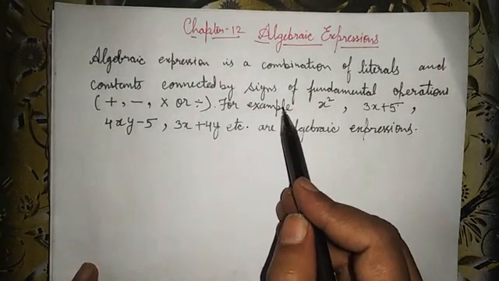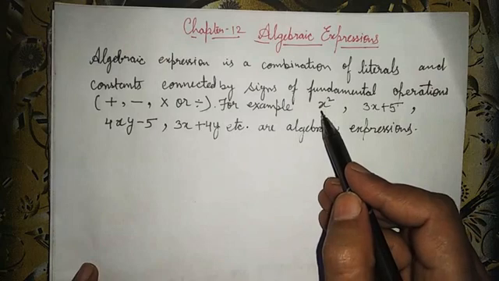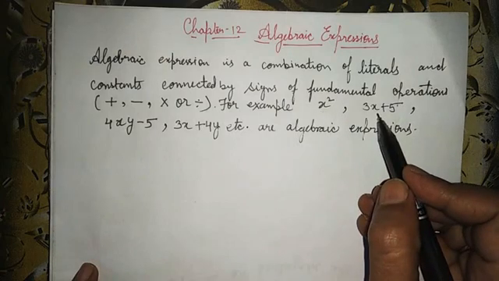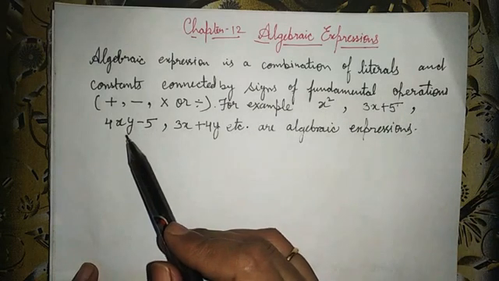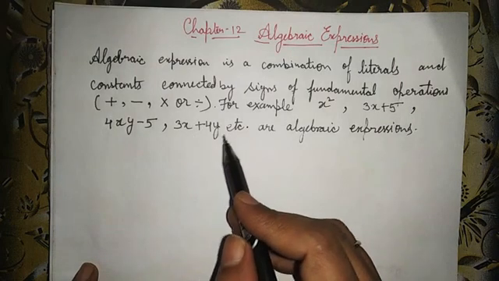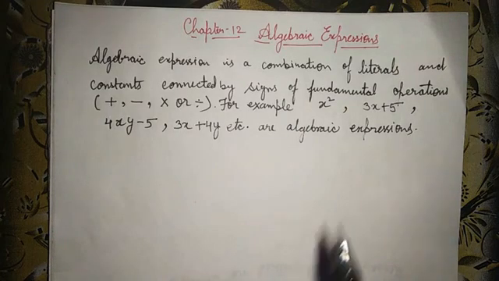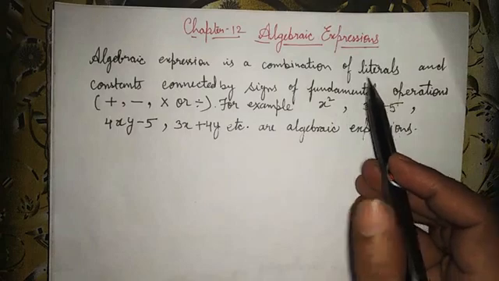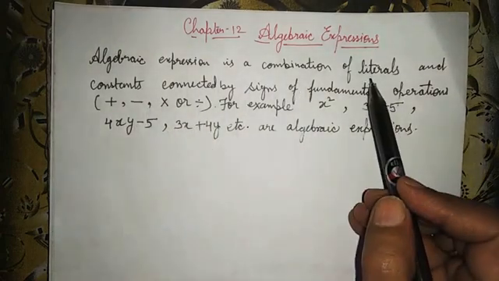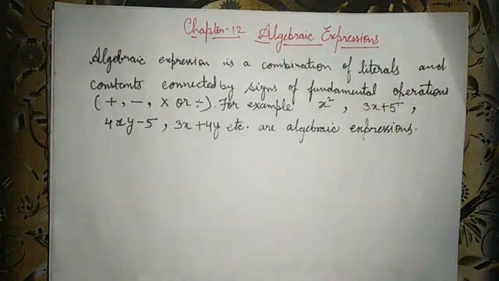And here I have given you some examples: x square, 3x plus 5, the third example 4xy minus 5, and here 3x plus 4y. Now children, you will think what are literals and what are constants. So that thing I am going to tell you now.